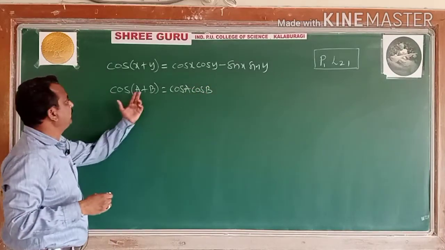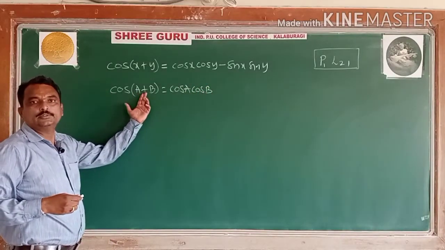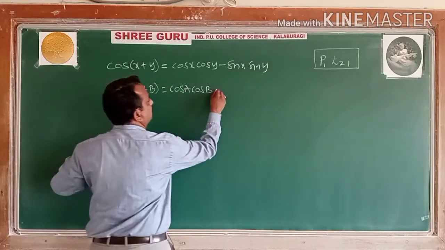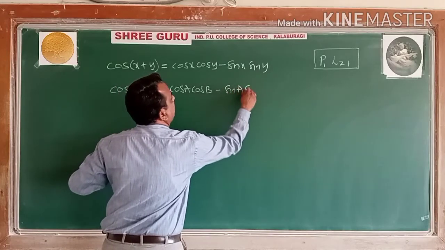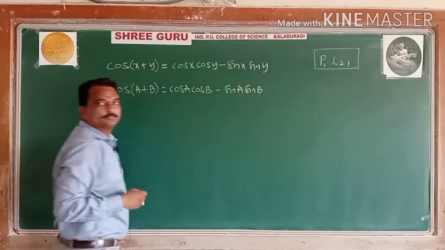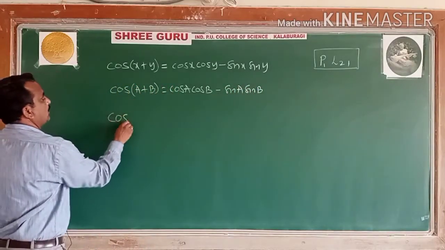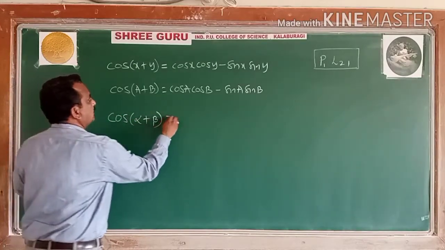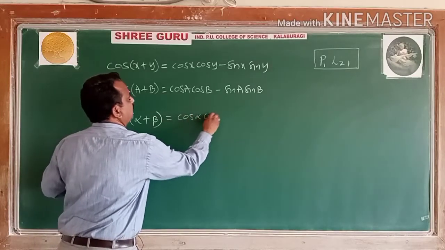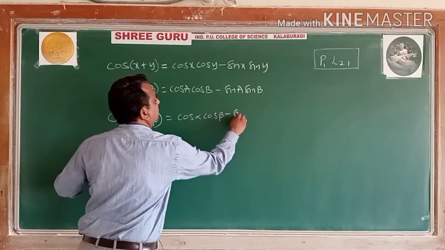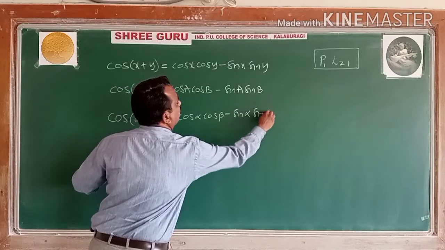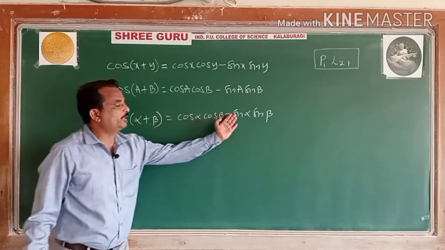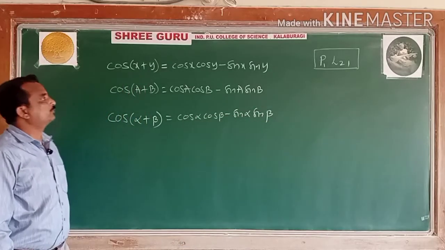If the angles are a and b, the sum of the two angles gives cos a into cos b minus sin a into sin b. Similarly, for alpha plus beta, cos alpha into cos beta minus sin alpha into sin beta.